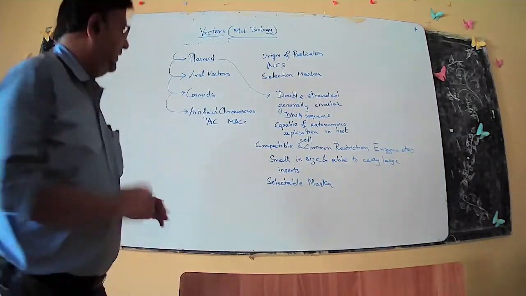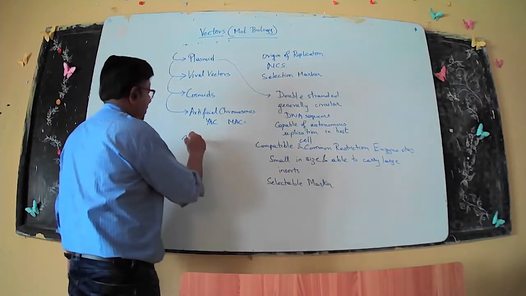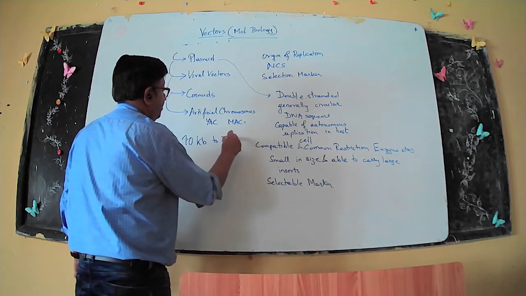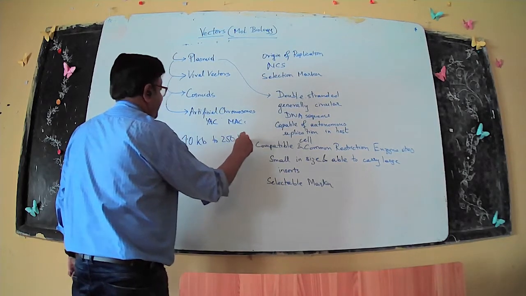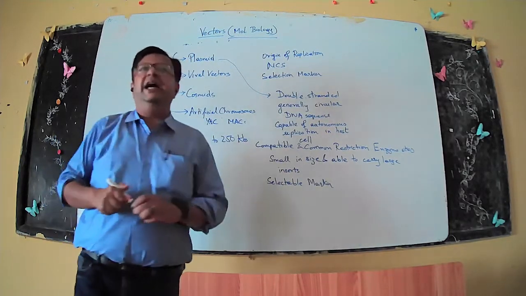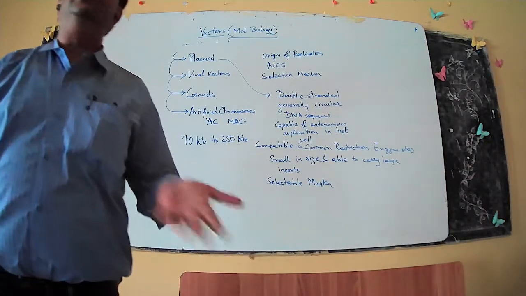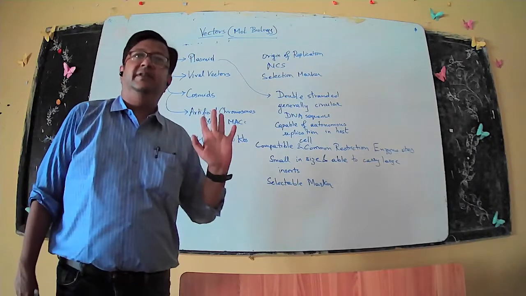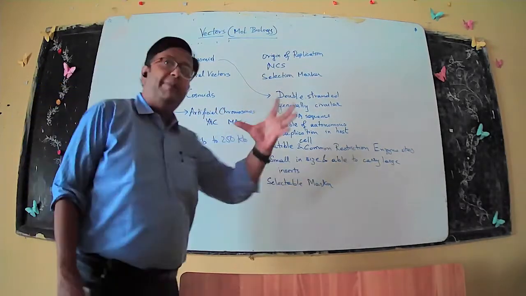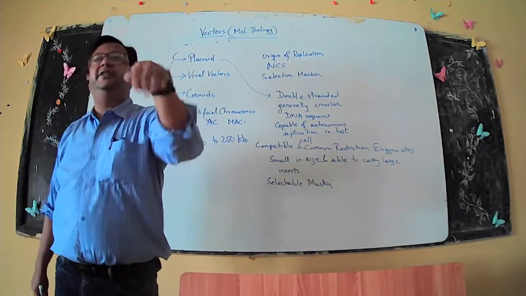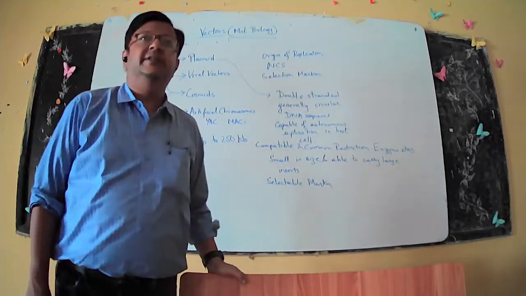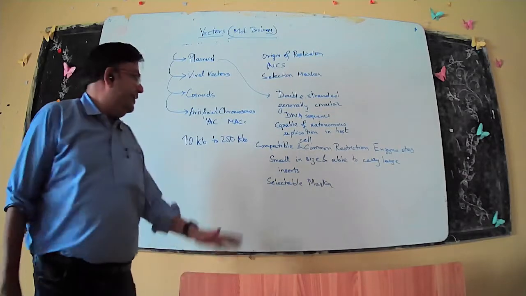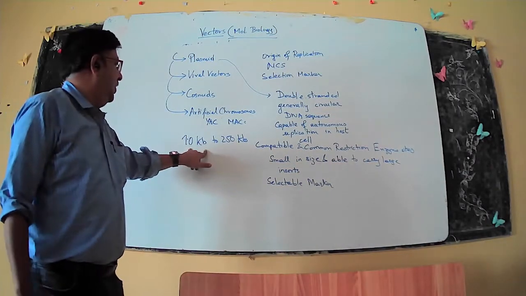So the size range is normally 1 kilobase to something like 250 kb. Normally, an ideal plasmid which we normally use is around 2.5 to 3.5 kb. The bigger the plasmid becomes, the more difficult it is to transform it into cells. The smaller it is, the better.